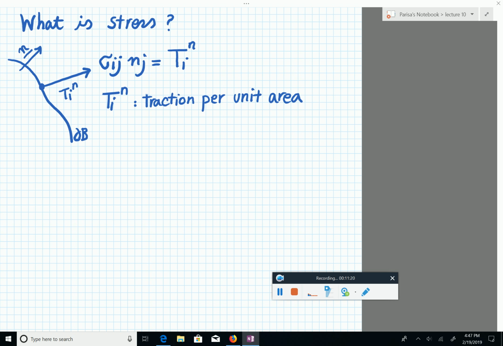And what did we define tensor before? So what is it mapping? Someone asked me this question after the second class or something. So a stress, what kind of vector is it mapping to what kind of vector? Let me ask you this. What is the object T(n)? What type of an object is it?